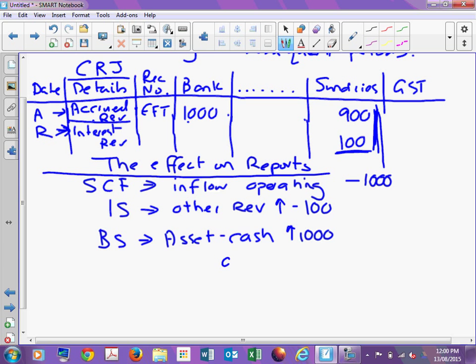You had accrued revenue, but now they had given you the cash for it. So is it still accrued? No. So it's going to increase or decrease accrued revenue? Decrease it by how much? $900. So what's the overall effect on assets? It's an overall effect of an increase of 100.